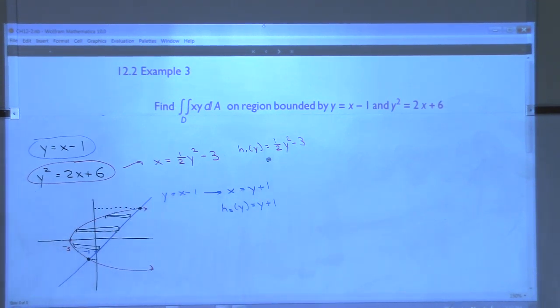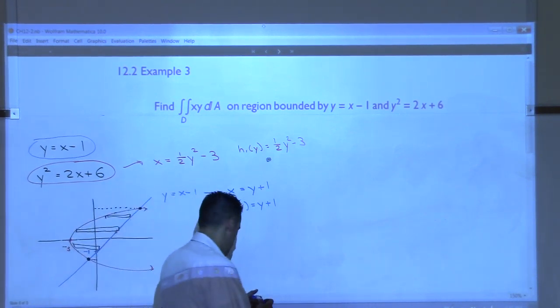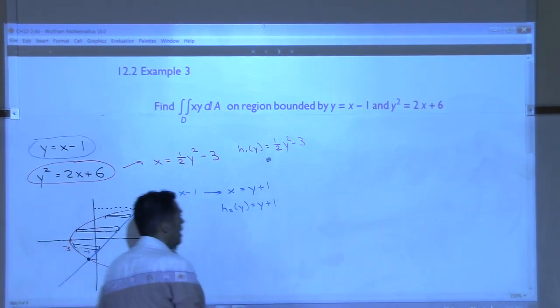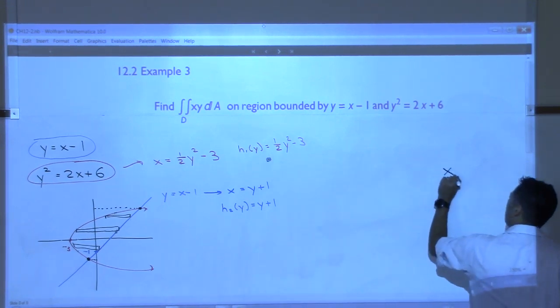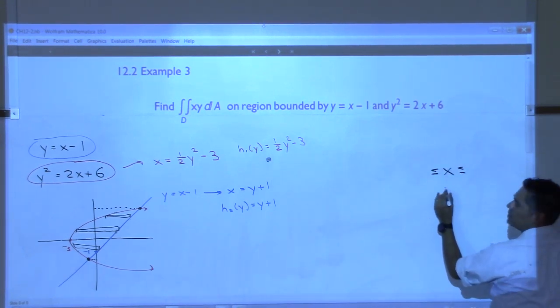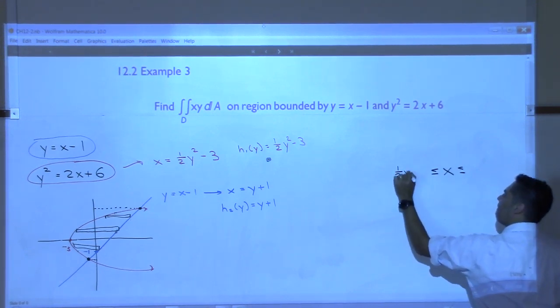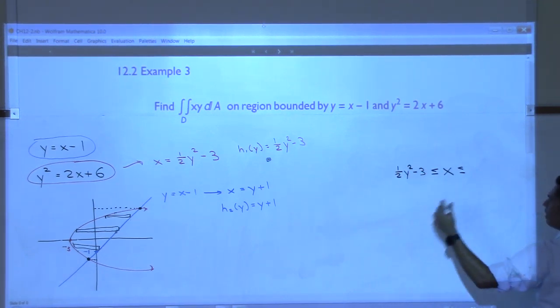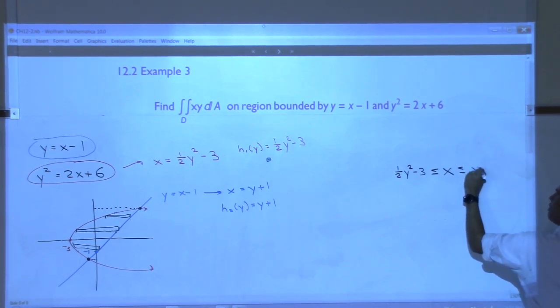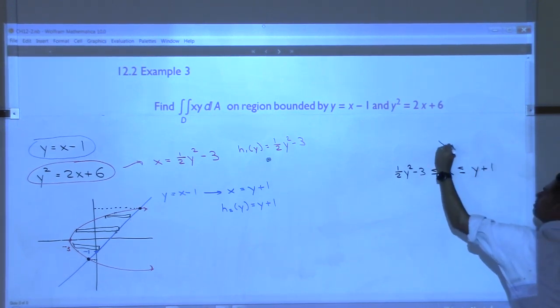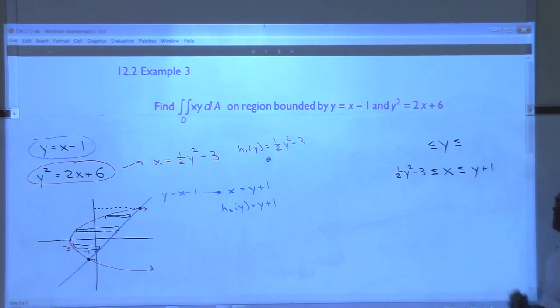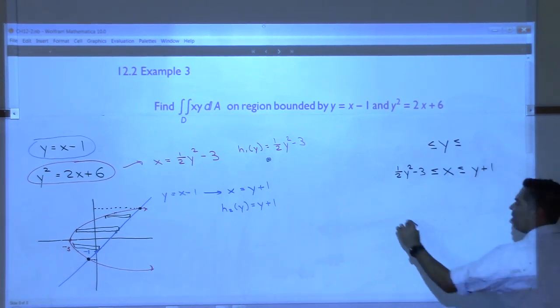And we need our restrictions on y now, right? So right now I know that my x's are bound between, let's see, the red one, which is this one. It's the one on the left, and then the right one is y plus 1. But I need my restrictions on y, which I'm going to get from the intersection again, right?